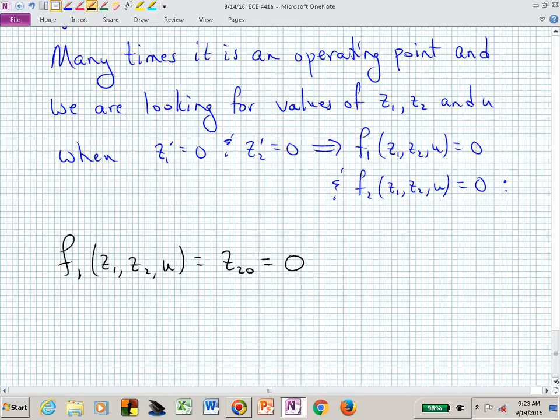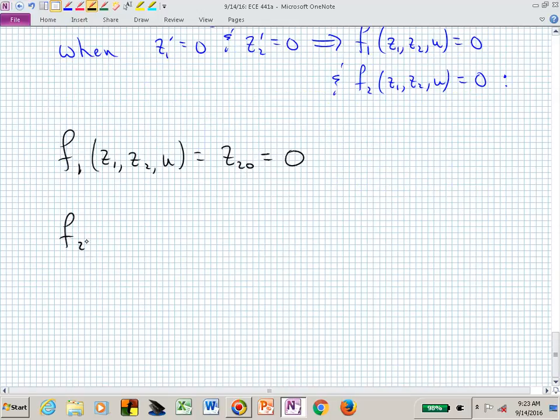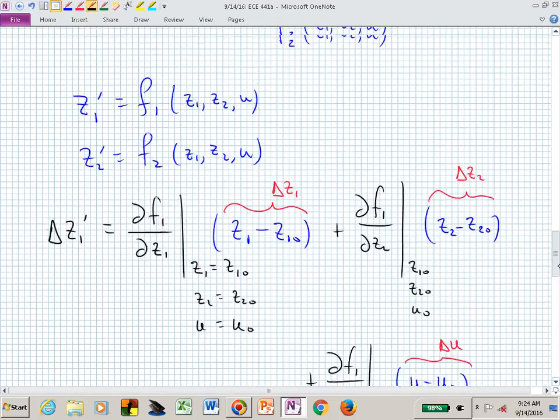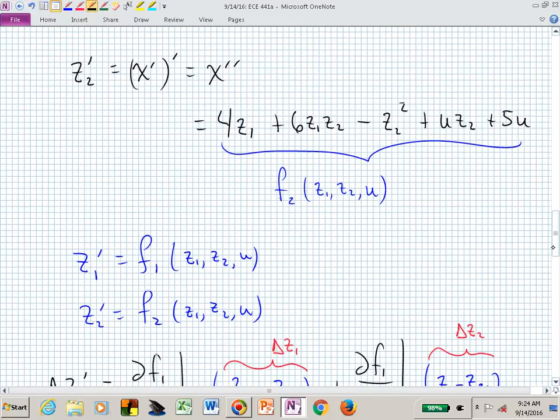If we now looked at F sub 2, and if we now said, what is this going to be at the nominal operating condition, we're setting that equal to 0, or we are now forcing this mess to equal 0.